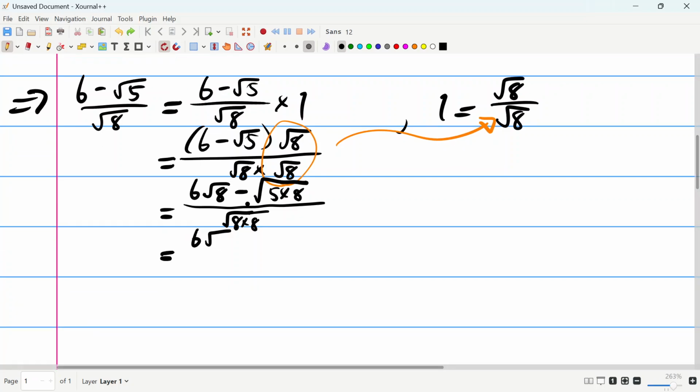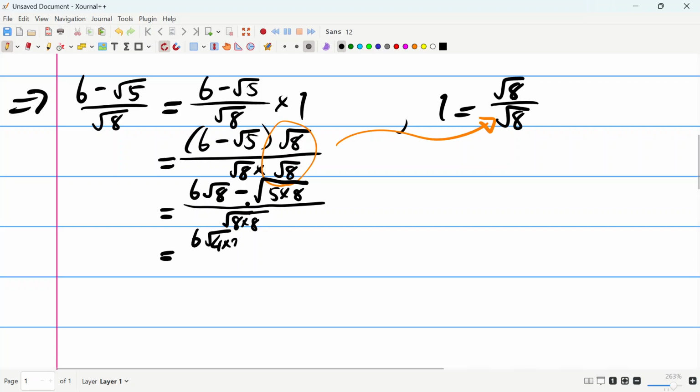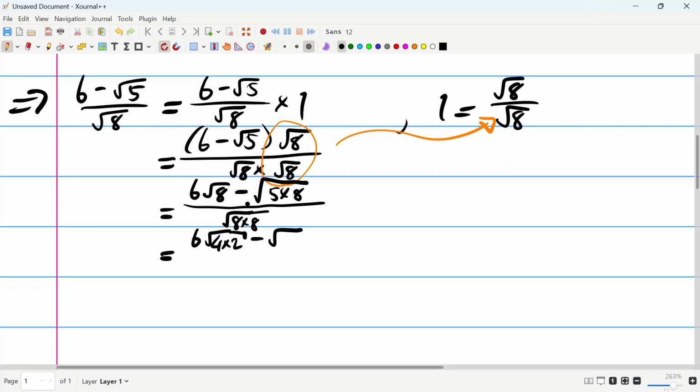So notice that we can break up 8 into some perfect square multiplied by another value, which is 4 times 2, okay? And then we can say here, times the square root of 5 times 8, which is going to be 40, divided by the square root of 8 times 8, we are going to have over here as the square root of 64, right?